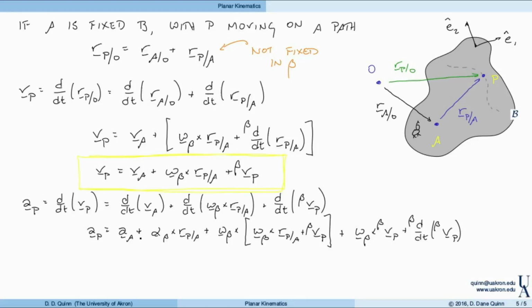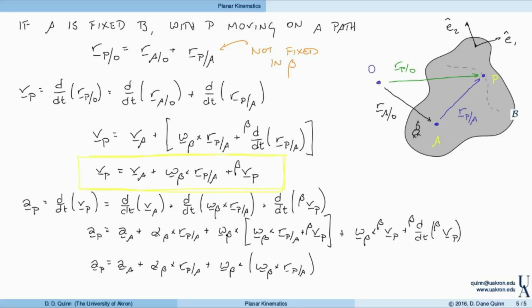So we can now combine some of these terms and say that the acceleration of P is the acceleration of A plus alpha cross R, P with respect to A. We'll have the omega cross omega cross R term that we saw previously. But then we have two new terms.